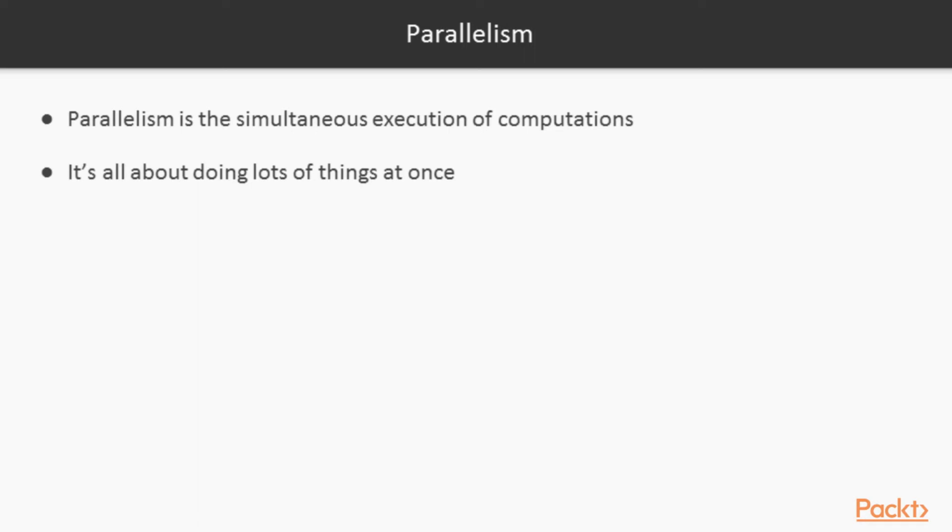Parallelism is the simultaneous execution of computations. It's all about doing lots of things at once. Again, let's picture yourself as a student. You're in a tough math course, and you're in a group study session of 4 people, including yourself.